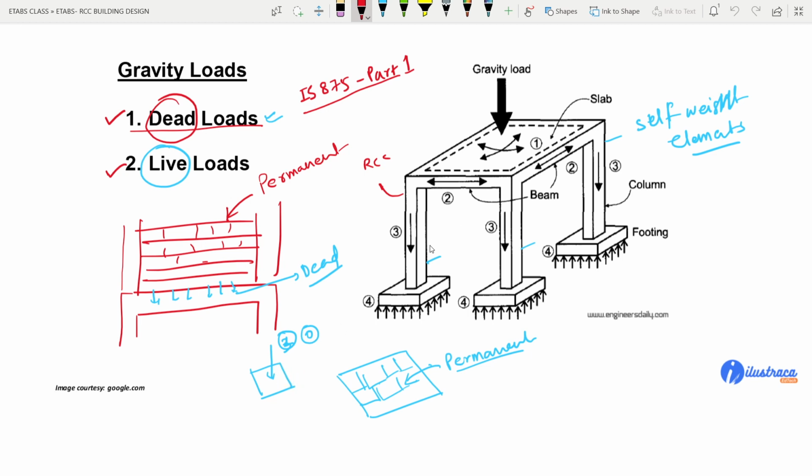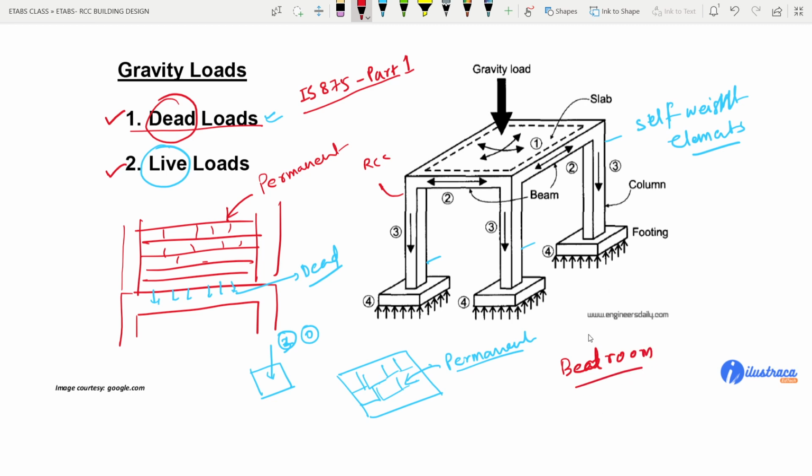So in that case, they have done a kind of research, and they have come up with some particular values depending on the area of occupancy, or the type of occupancy. Suppose you have a bedroom. So this is a very personal area.